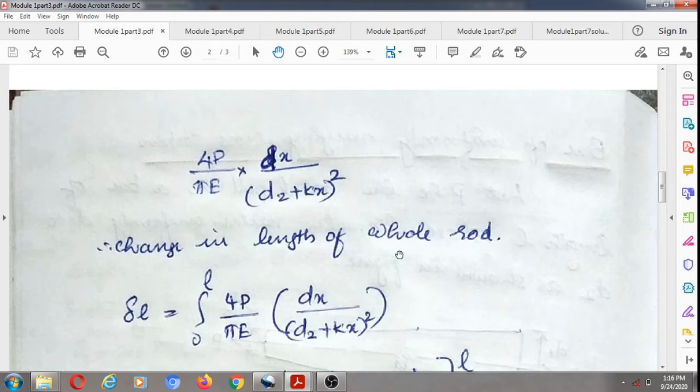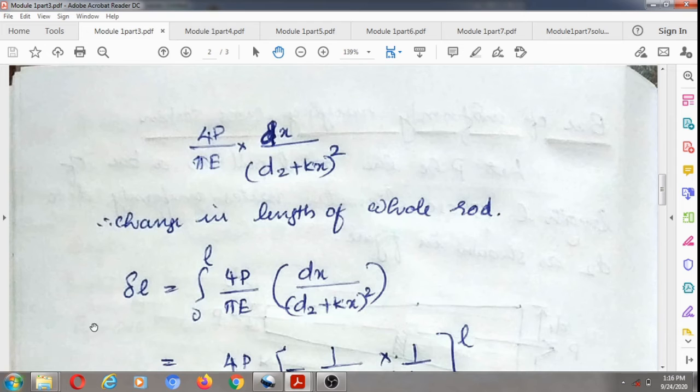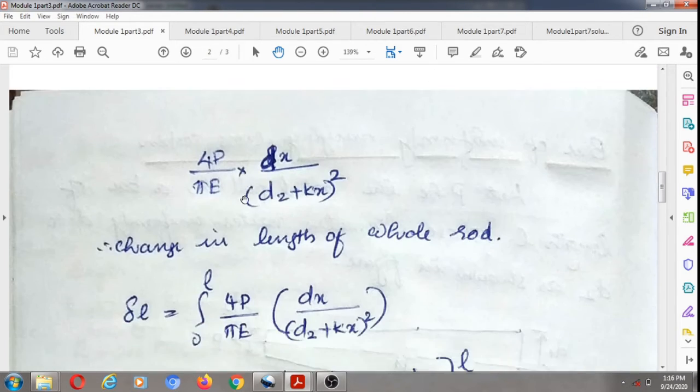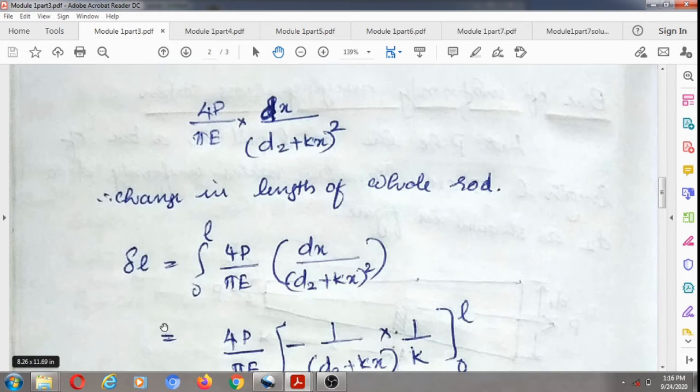Then the change in length of the whole rod is delta L. Previously we found the small increment, and now the total increment is the integral from 0 to L of 4P by pi E into dx divided by (d2 plus kx) whole square.